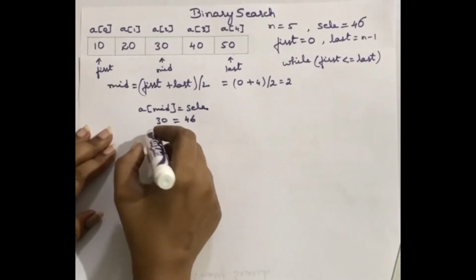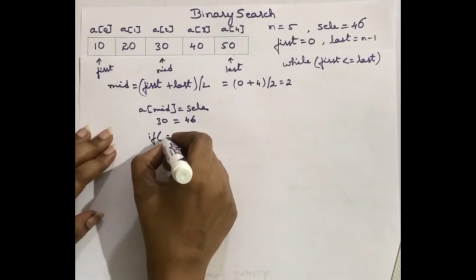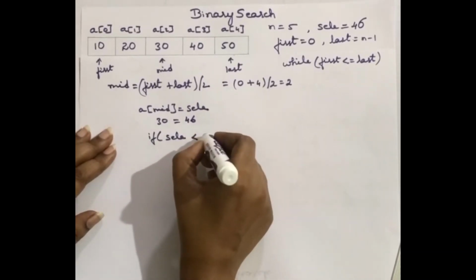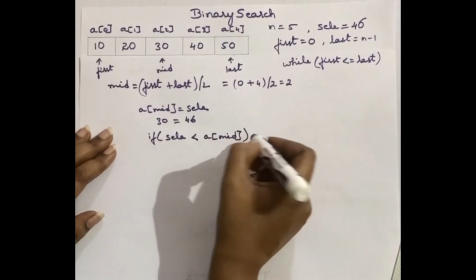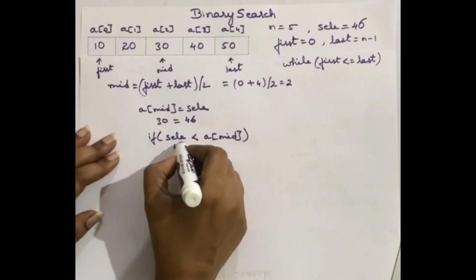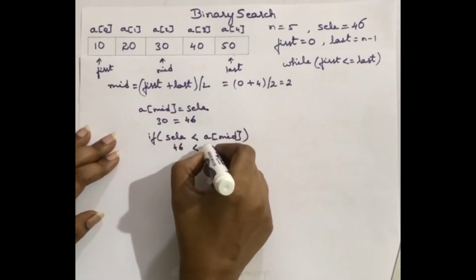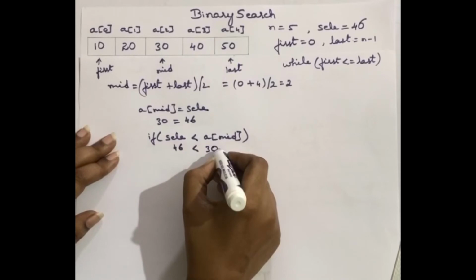Now we will see if the search element is less than A of mid. The search element is 46 and A of mid is 30. So this condition is false.